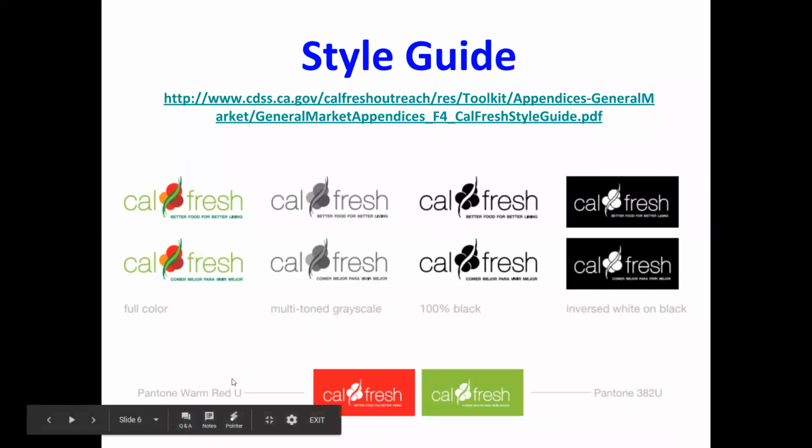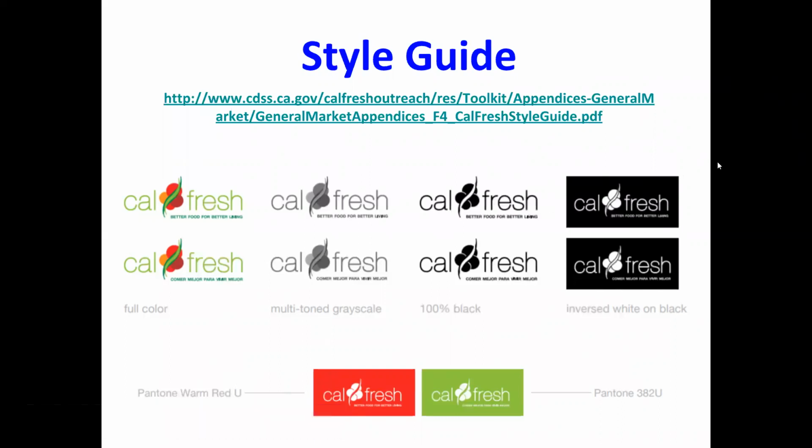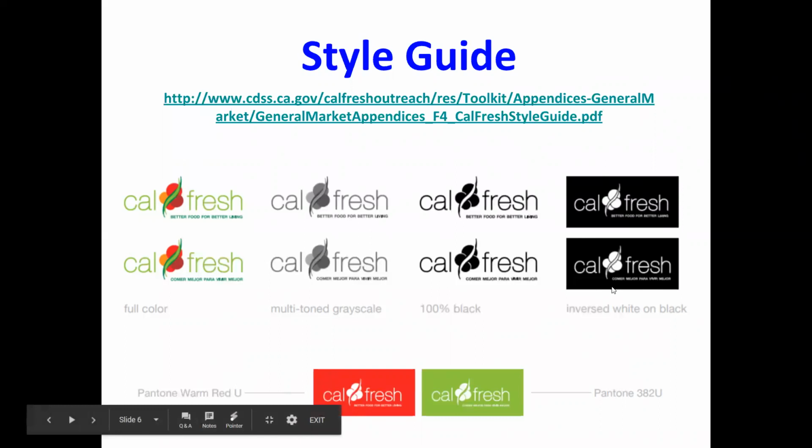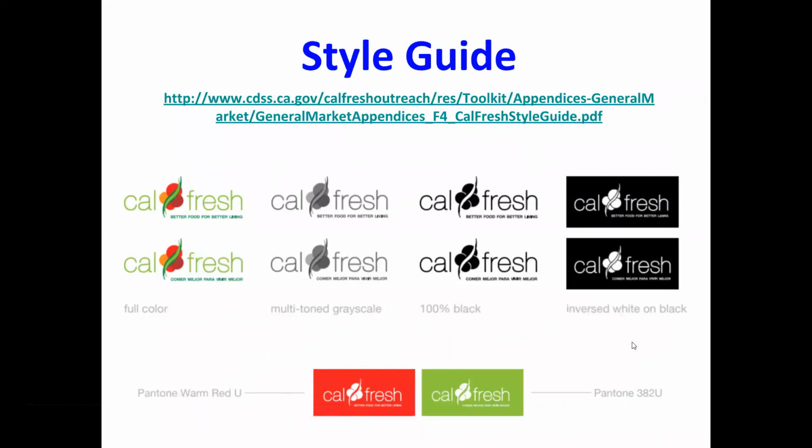These are all the approved logos that you can use. These black ones here at the end are more for printed materials that are going to be in black and white. So you can absolutely use those, and you can pull them all from this site. And then down at the bottom, there's a couple examples of the logos you might want to use if you're trying to post on a different colored background.